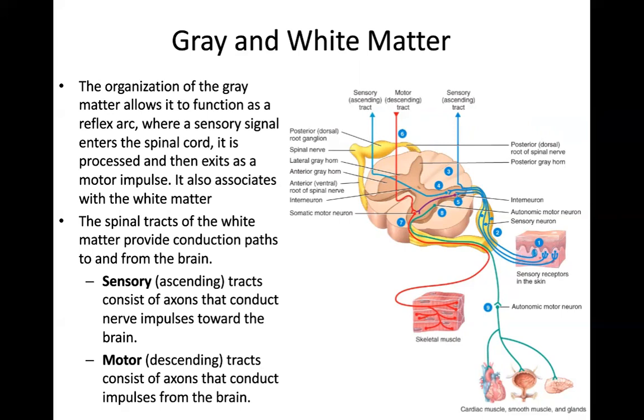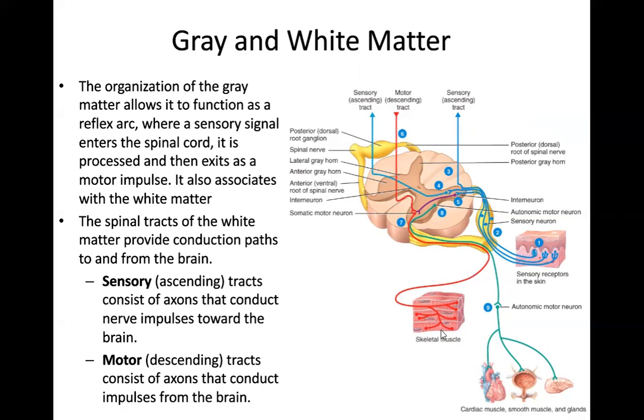Okay, but for most contraction of skeletal muscles, that's a voluntary, purposeful thing that we do. And that signal originates back up in our brain, which means that we carry a signal down from our brain via motor or descending tracts. It's like our elevator going down. And then we carry that signal into the gray matter from the white matter, and then eventually out to the skeletal muscle.